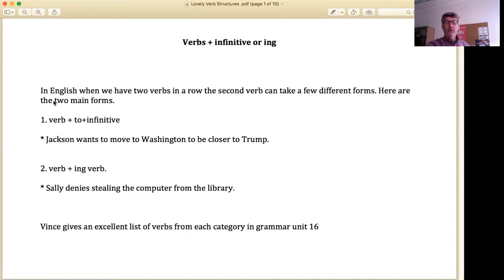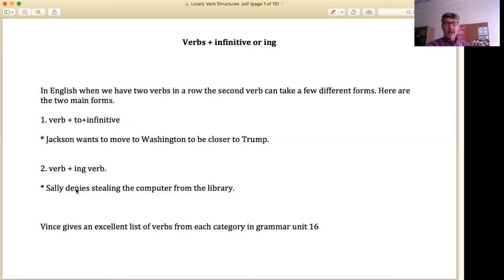What determines what that second verb is is the first verb. So with want, for example, the second verb is always going to be an infinitive. There are some verbs where, every single time there's a second verb, it will be an infinitive. Want is one of those.